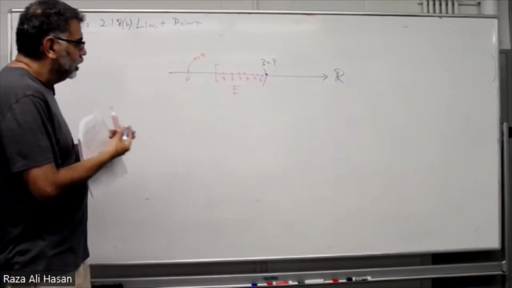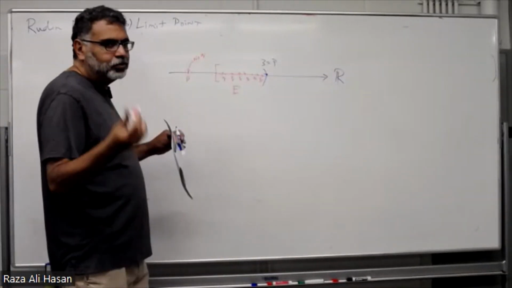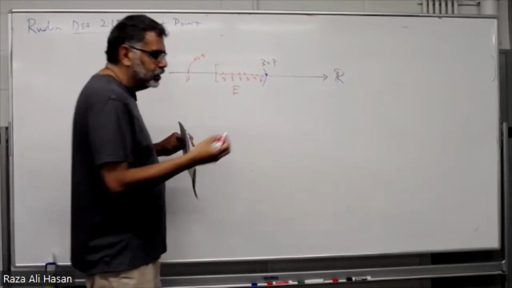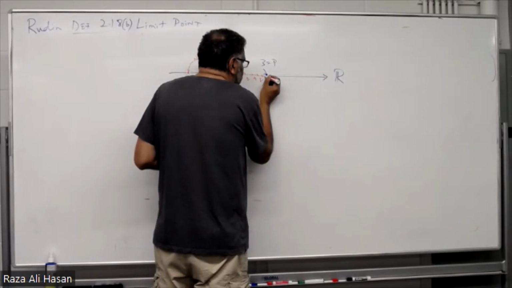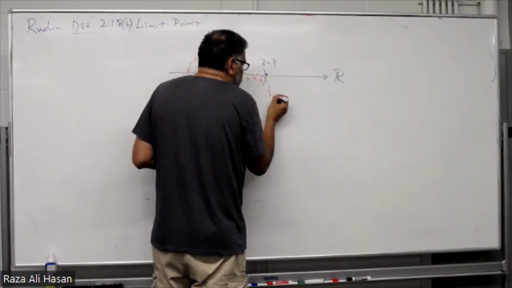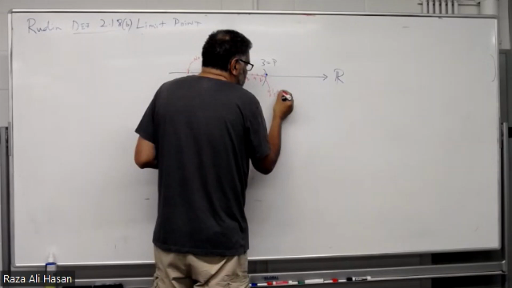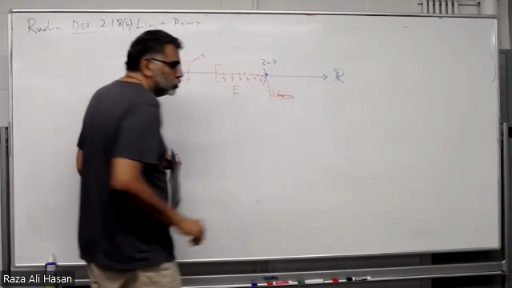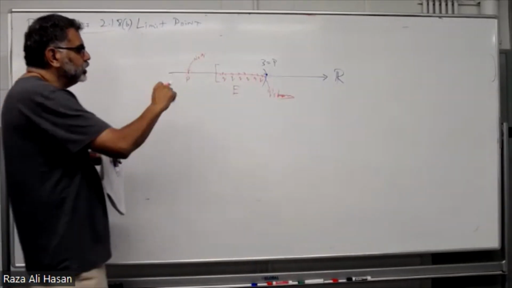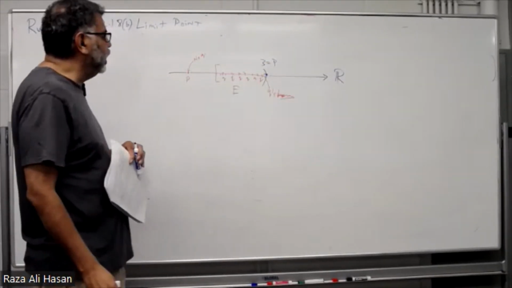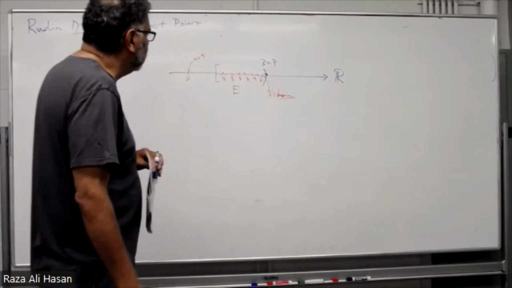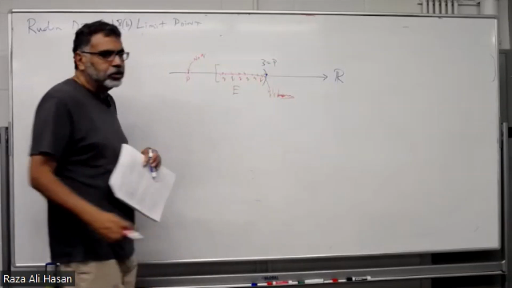It doesn't matter how small the radius is, the neighborhood will catch Qs right here. So this neighborhood will have Qs that are not equal to P, Qs that are elements of set E. Therefore, 3 is a limit point.